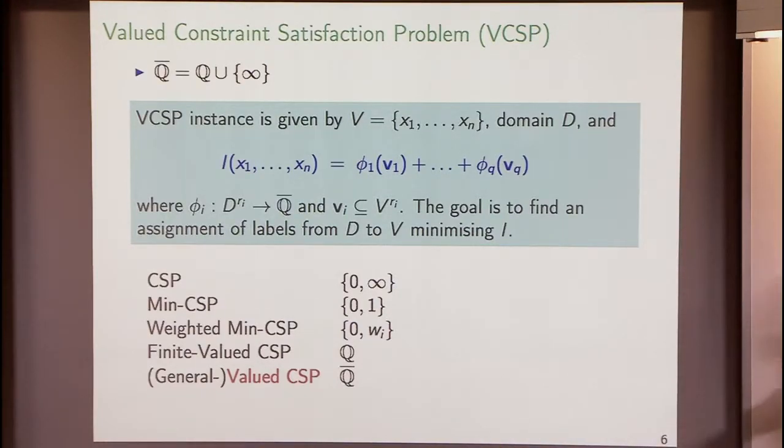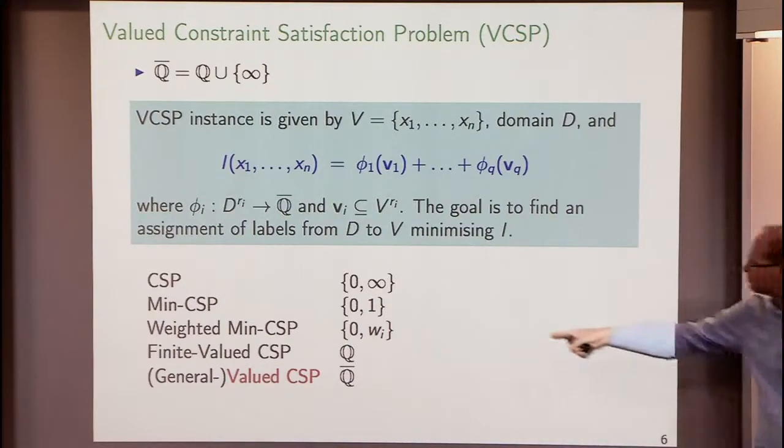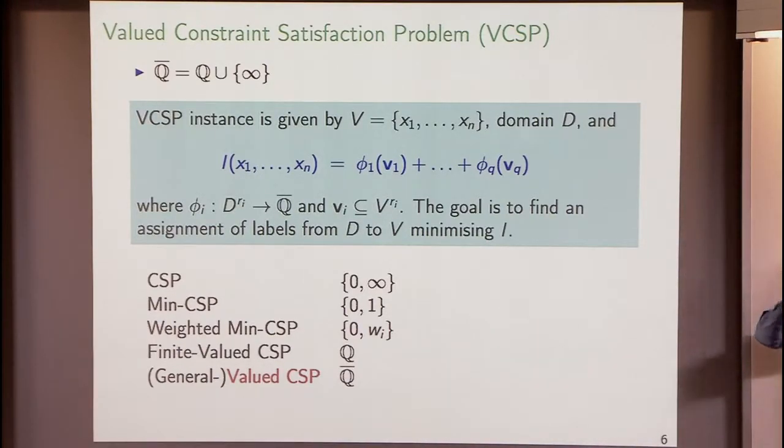If you enforce the range of all functions to be 0, 1, you get so-called min CSPs, where you minimize the number of unsatisfied constraints. This is the same as maximizing the number of satisfied constraints. Each constraint could have a little weight, a non-negative rational number, so it corresponds to the third case. But still, every function has only a two-value codomain.